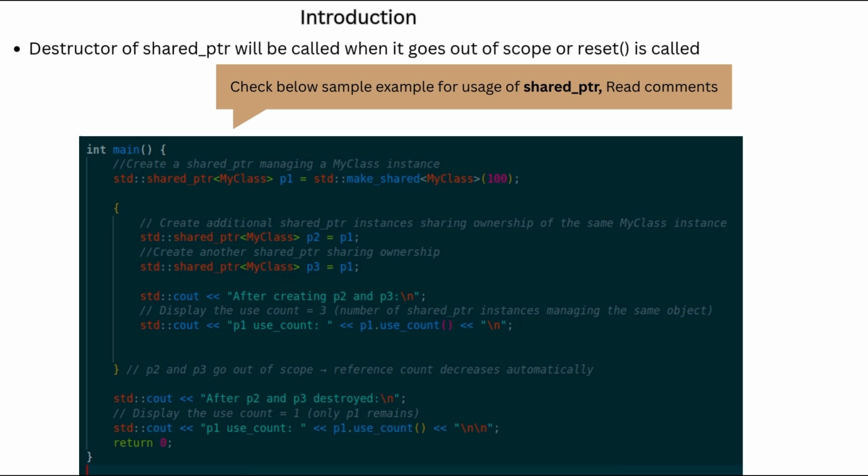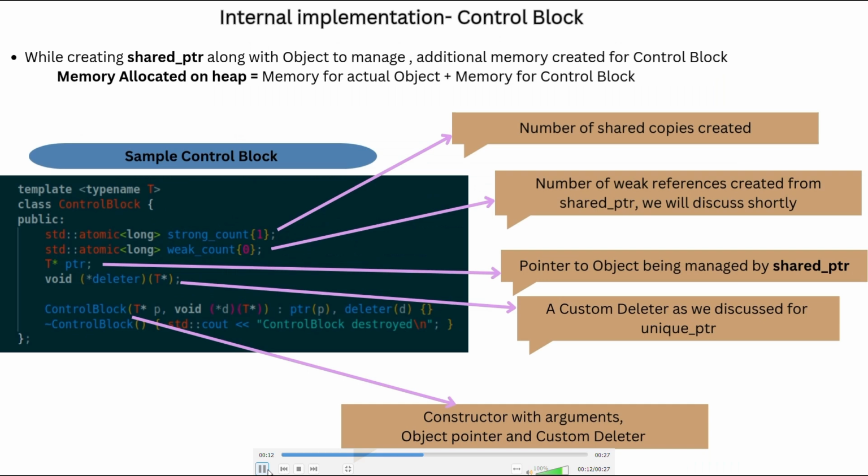And once the reference count is 0, the original object, here the MyClass object which is being managed, will be deleted. We will see that in unique pointer it only has the pointer to the original object which is managed, but in shared pointer it needs additional memory for the control block.